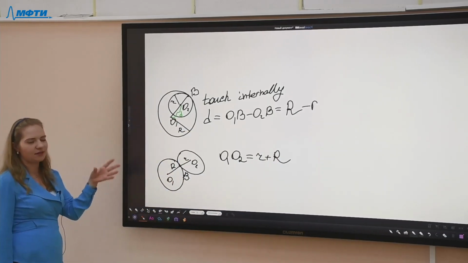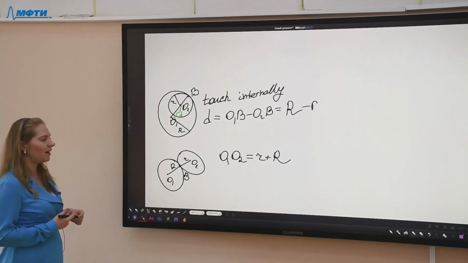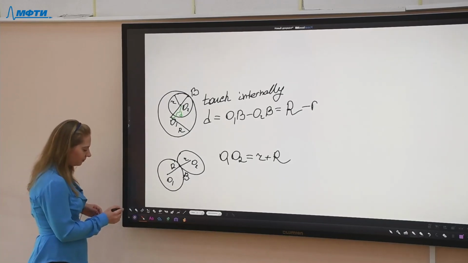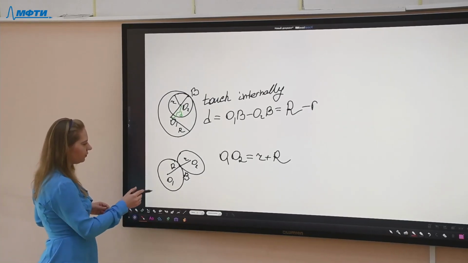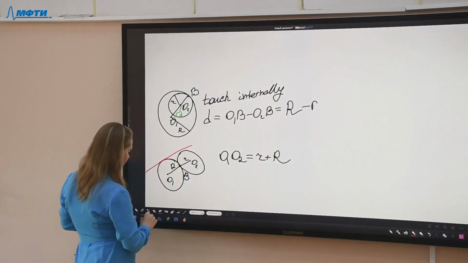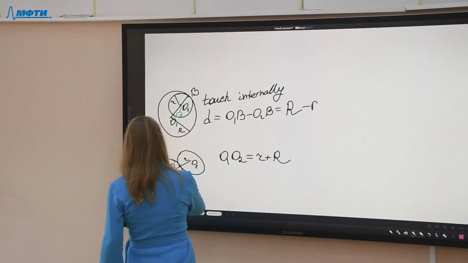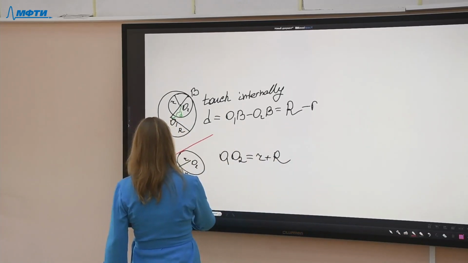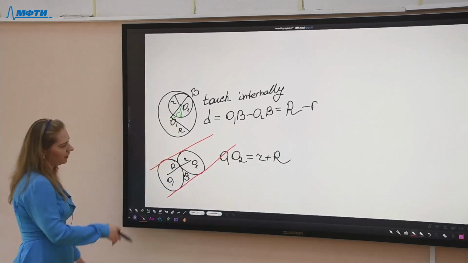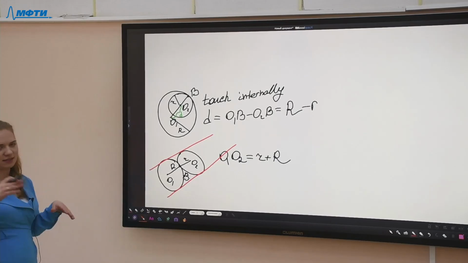Maybe these two circles are congruent. It means that their radii are equal, but maybe not. And if they are not congruent, they have two common tangent lines, and we can be sure that these two tangent lines will intersect somewhere.